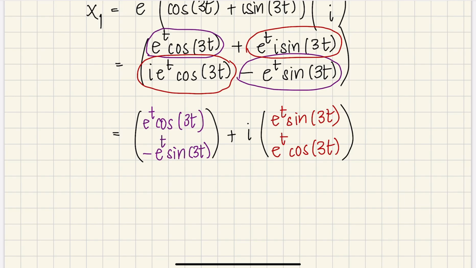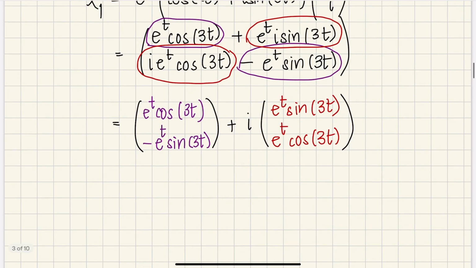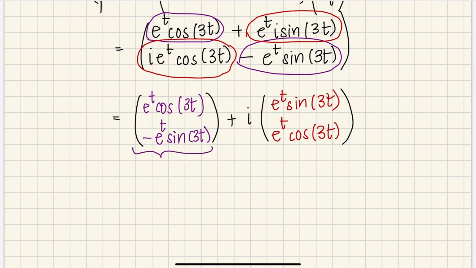Okay, now let's call the real part, all of this, u of t. You can call it whatever variable you want. And let's call this v of t.